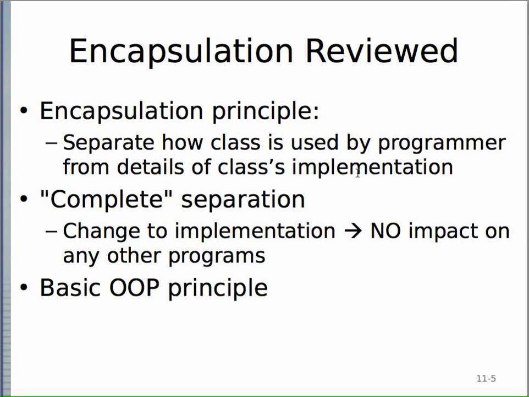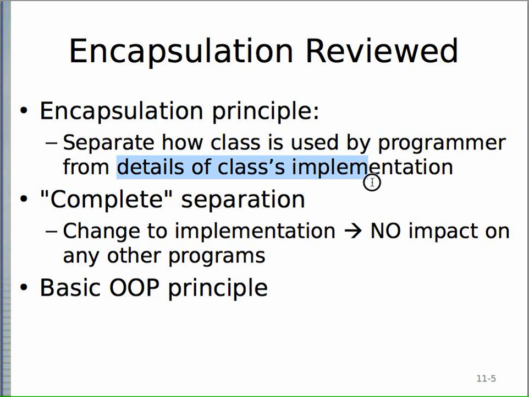You should write this class in such a way that the client should not care at all whether you use an array or a vector, or later on we'll use linked lists and things like that. How the class is used by the client programmer should not matter no matter what you do with the way you implement the class.